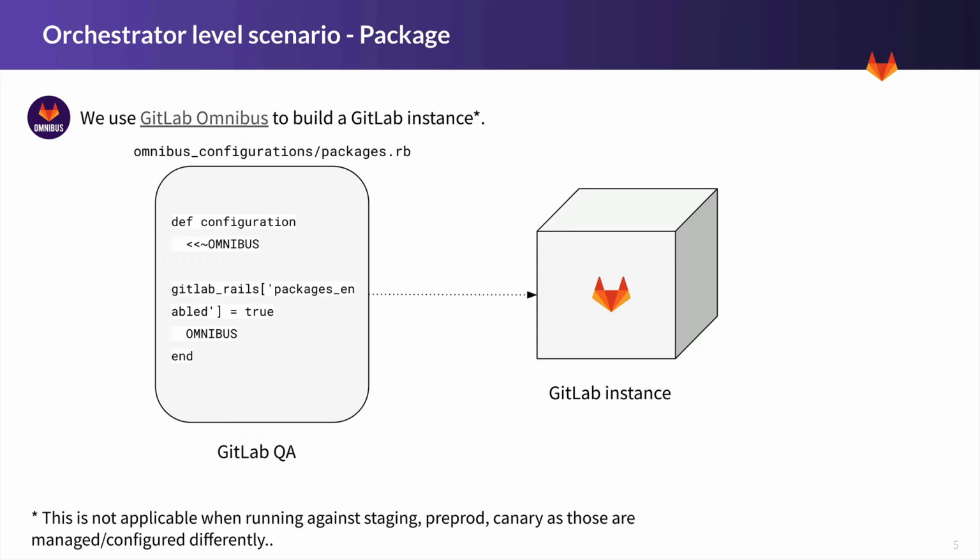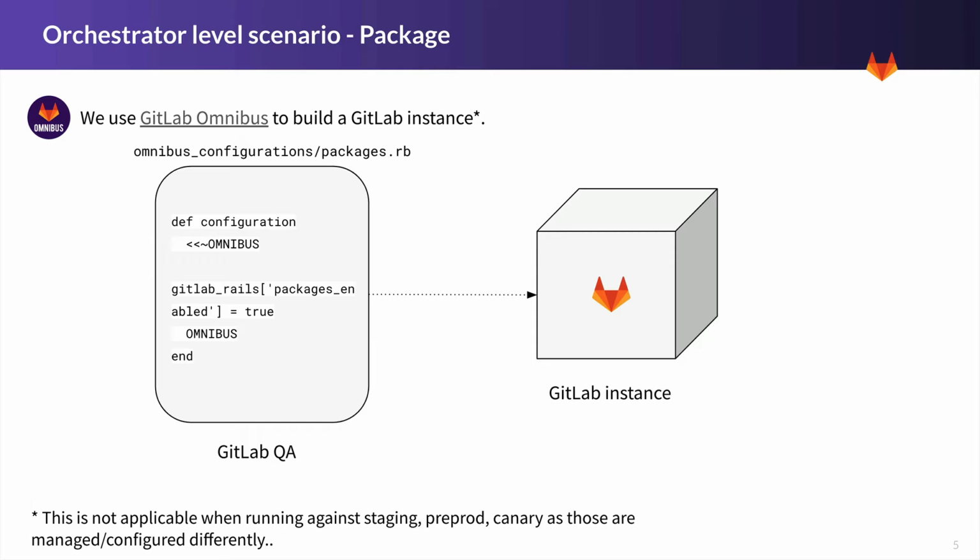So I'm going to show here briefly a package orchestrated level scenario. If we want to build a GitLab instance that we're going to run our tests against, we would need to have the package registry enabled, for example. So when we are running this test, we actually have several pieces here.